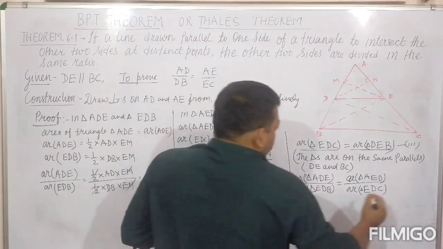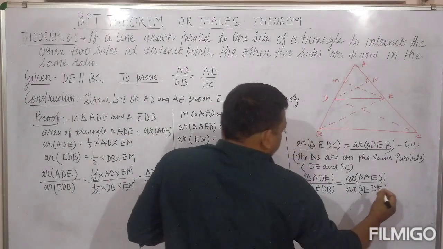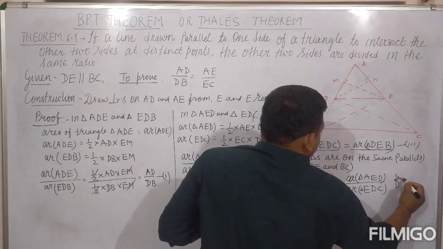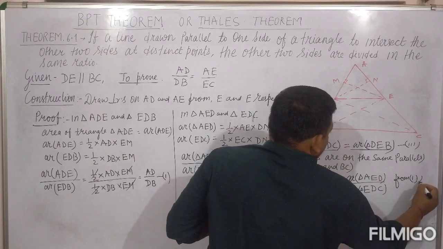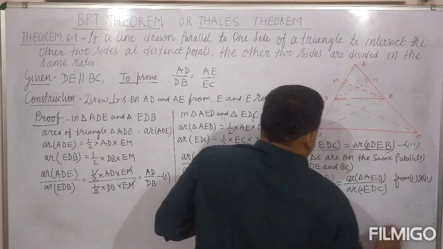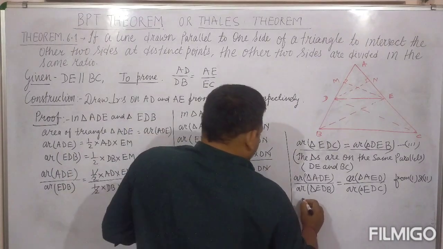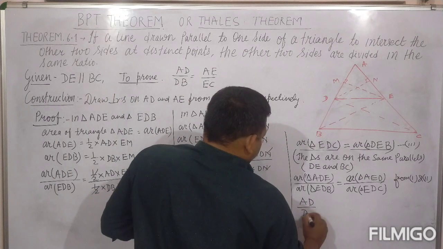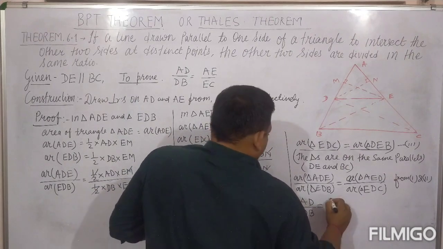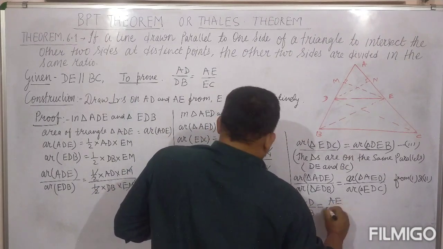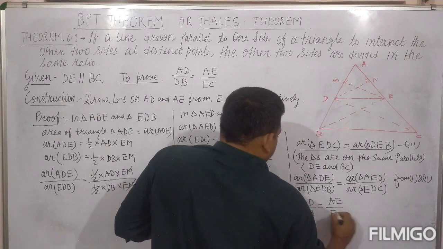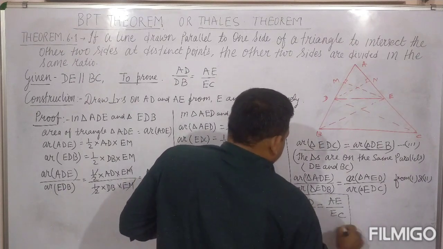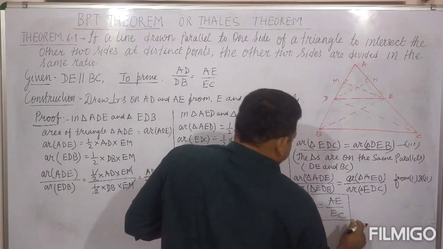So from 1 and 2 we can write that AD by DB equals AE by EC, and this is the relation we had to prove.